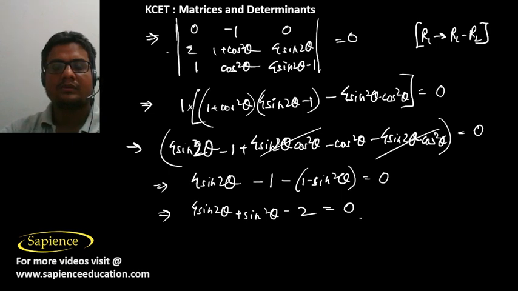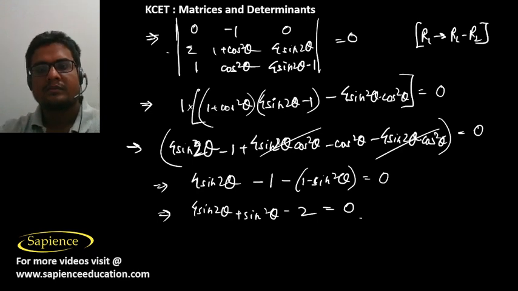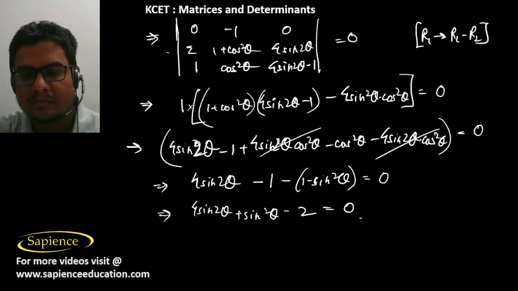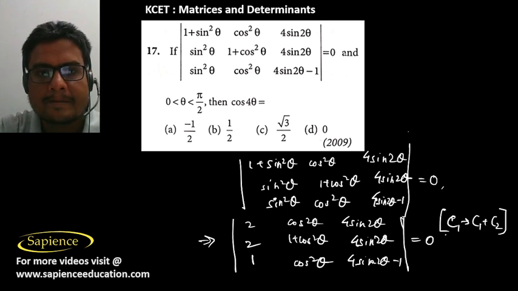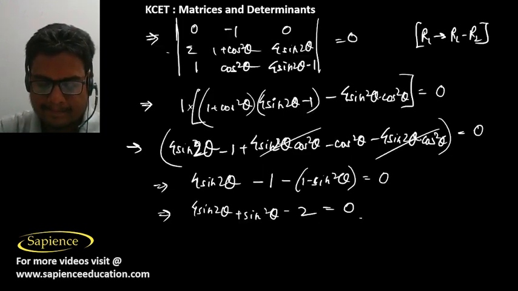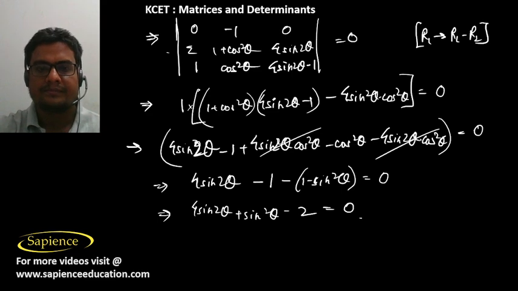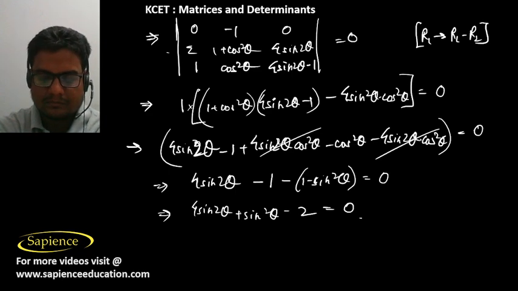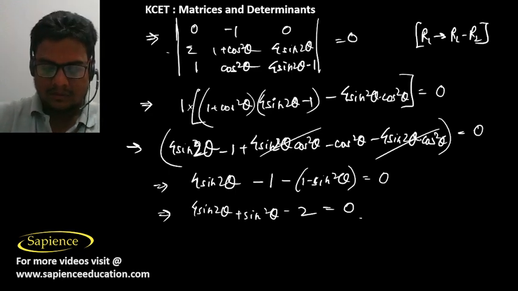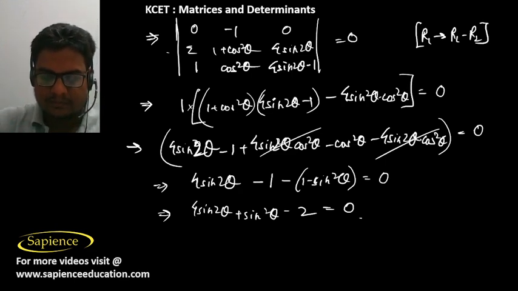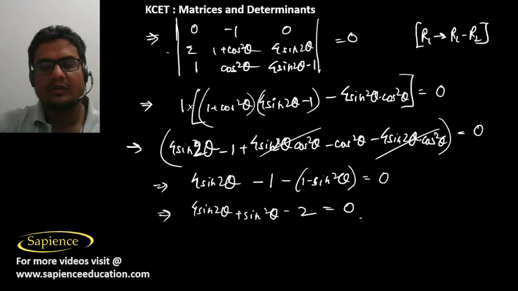This is minus cos square theta. So this will be 1 into... sorry, this is actually wrong.